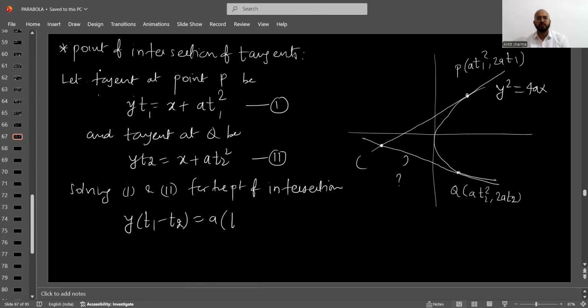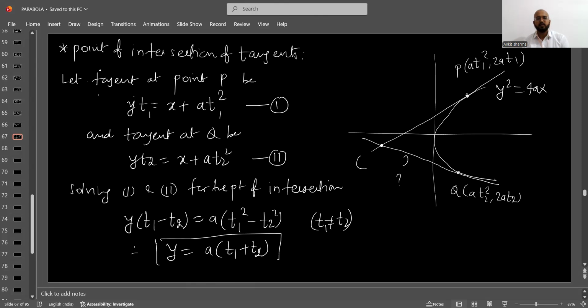So this will be a into t1 square minus t2 square. Obviously t1 is not equal to t2, so I can cancel t1 minus t2. So y is equal to a times t1 plus t2.